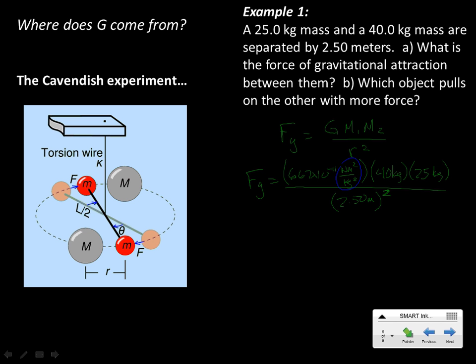All right, so let's calculate, shall we? You want to be sure you're doing this right. Your calculator, when you type that in, ought to end up looking like this. If you're typing 6.67 times 10 raised to the negative 11th, that's going to lead you to potentially some pretty big problems as we move forward.